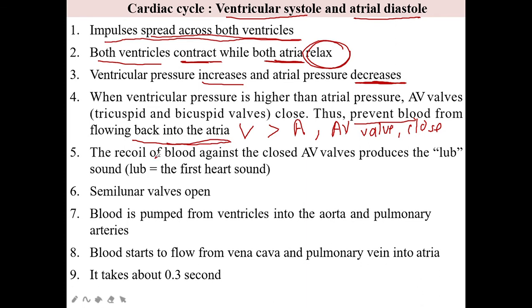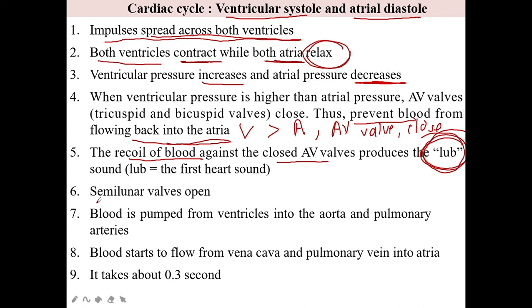So, bila AV valve tu tertutup, blood tu dia akan recoil against the closed AV valve. So, dia langgar AV valve tu producing the lub sound. Okay, so itulah bunyi yang kamu dengar first. The first heart sound, lub, terjadi bila AV valve close and the blood recoil against the closed AV valve.